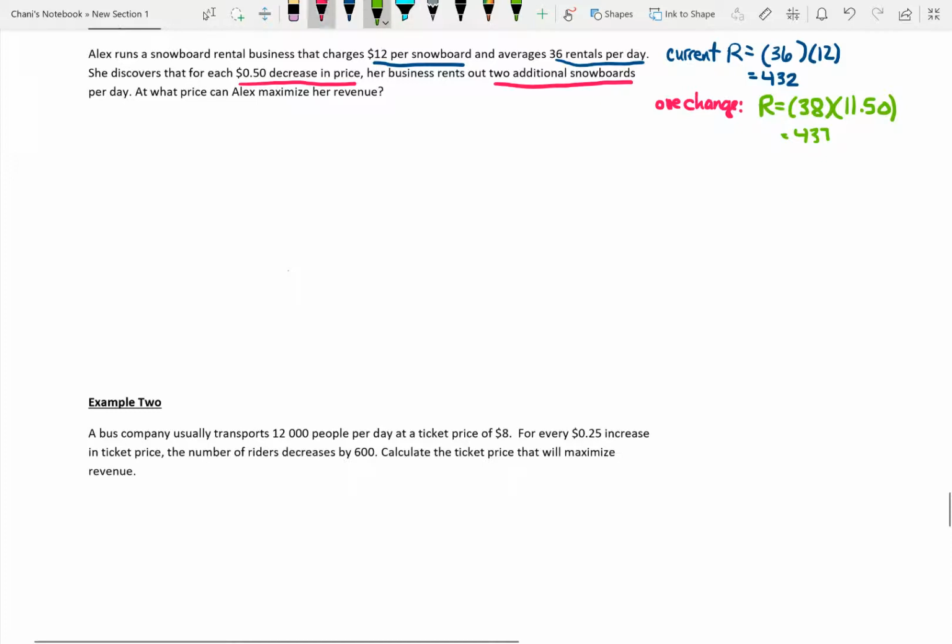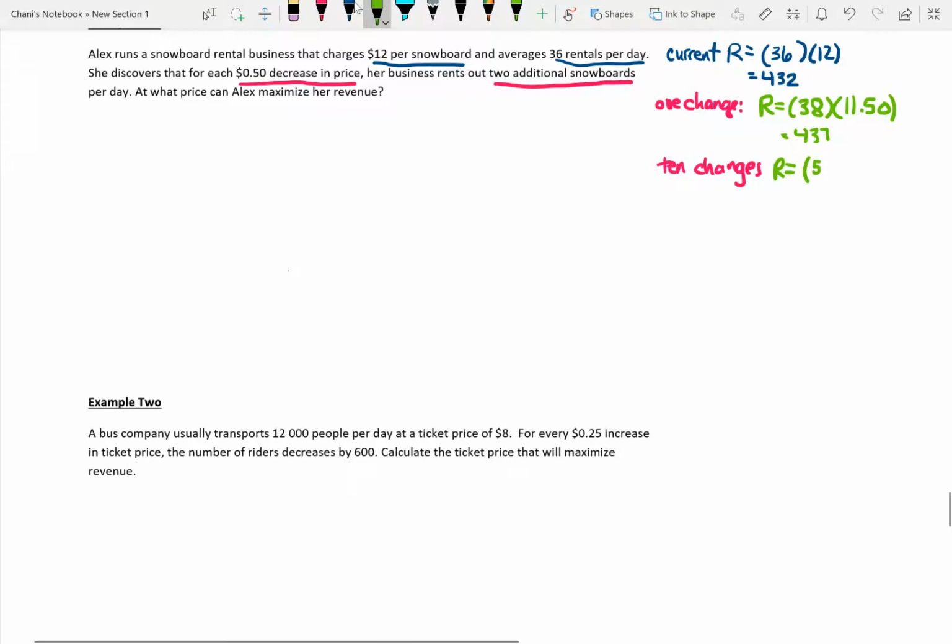So great. Then she might think, if I can do that, I should just make a ton of changes. What if she thinks about going all the way to making 10 changes, at 50 cents and 2 more snowboards per change? If she changes 10 times and there are 2 additional snowboards rented per change, that's a total of 20 more snowboards.